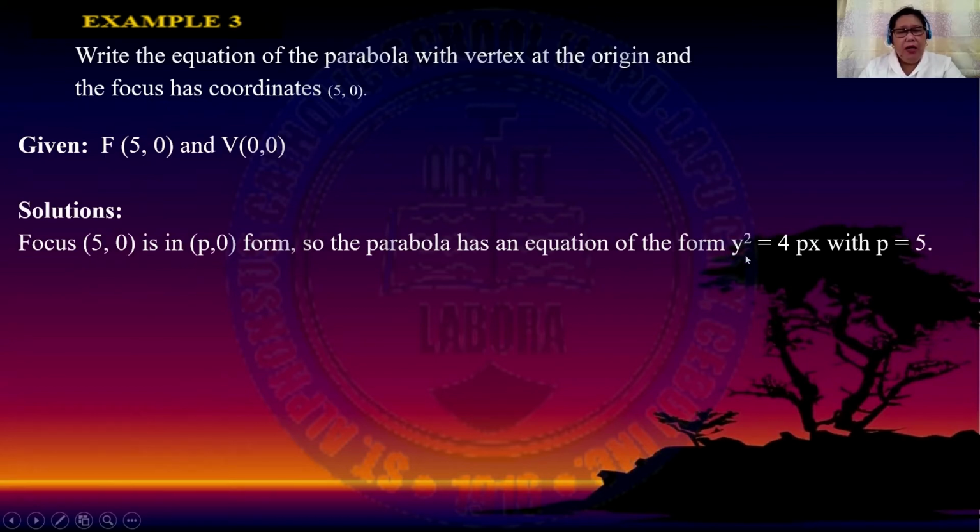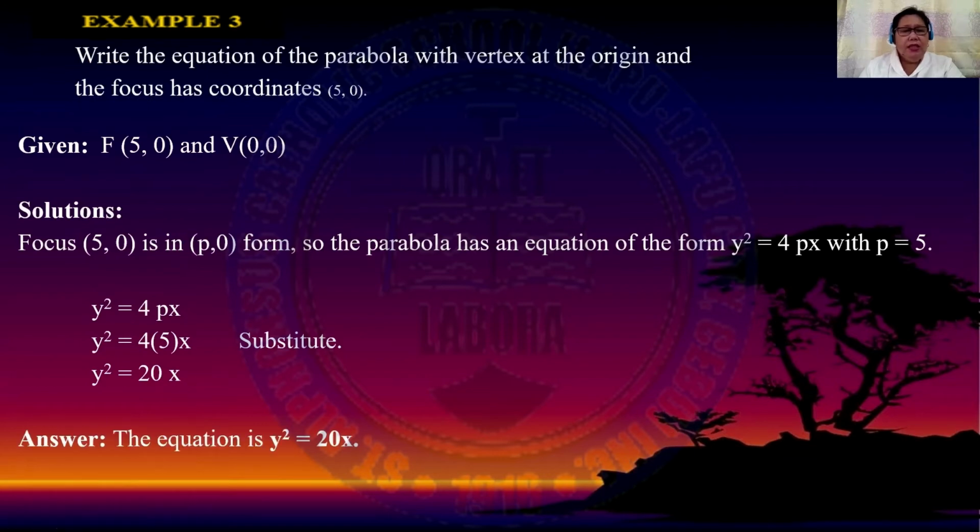The form y squared is equal to 4px with p is equal to 5. So this is the given. All you have to do is to substitute 5 to p, and we have y squared is equal to 20x. This is the equation of the parabola, which is y squared is equal to 20x.